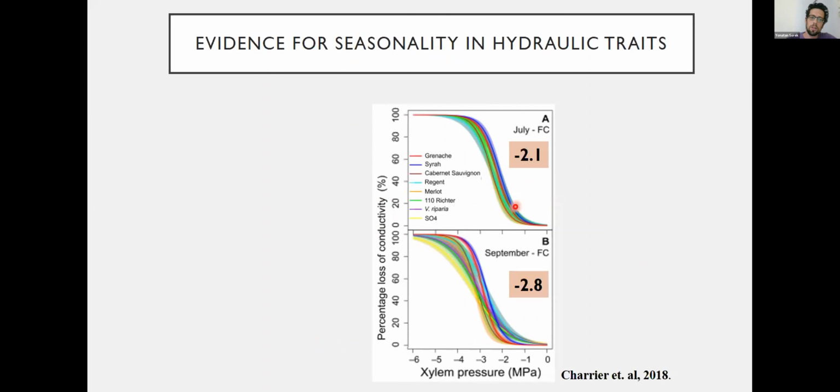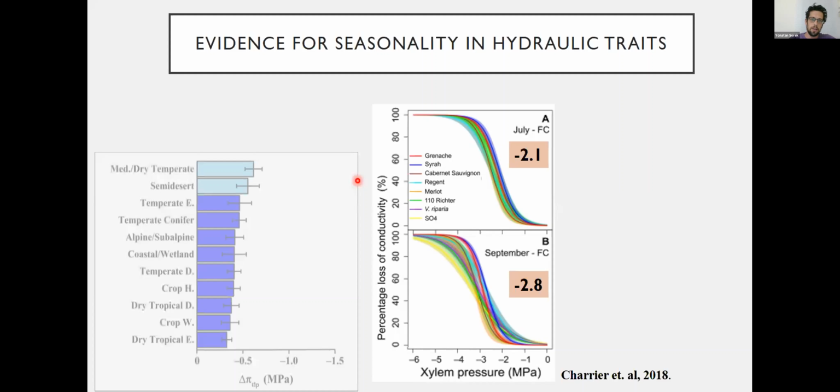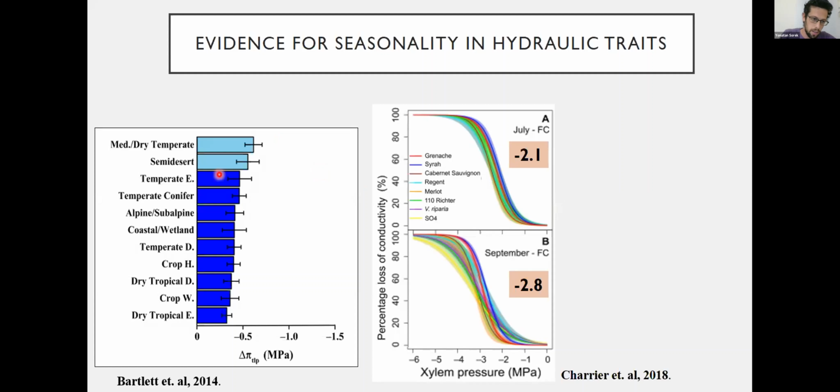The turgor loss point, that is frequently correlated to the vulnerability curve to embolism resistance, also had this phenomenon. Over the season, the turgor loss point in many plants decreases over time.